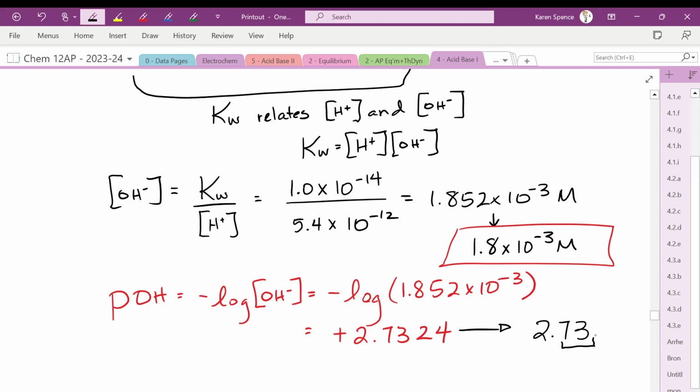Two. We should have 2 sig figs. Is that good? Yes.